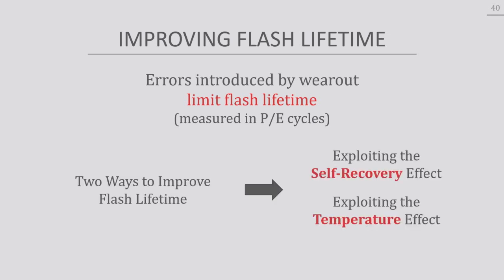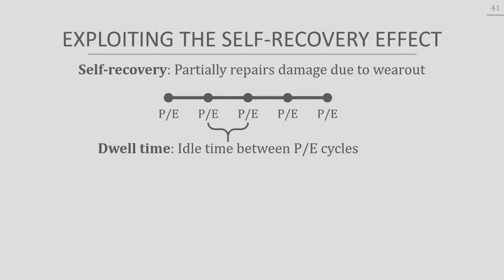And in this work, we mainly exploit two ways to improve flash lifetime: self-recovery and temperature effects. And I'll introduce these two effects in the next few slides. So first is the self-recovery effect, which is a phenomenon of the flash cell that can partially repair its own damage due to wear out.